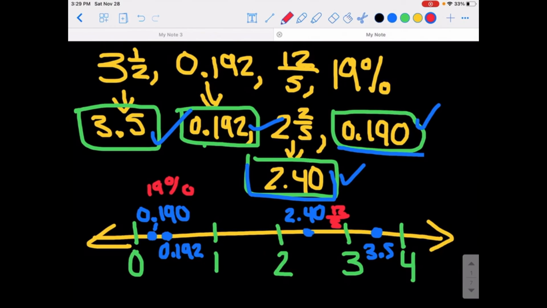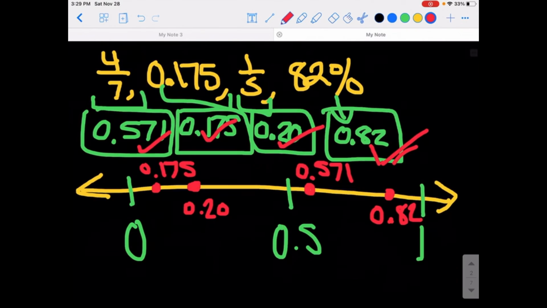If it doesn't specify, then that really shouldn't be a big problem. But if it does ask you to, you could also write your original number you started with. Same goes for this one here. So hopefully this video helped you to compare rational numbers and list them from least to greatest. This one did not have any negatives. It was just very simple, getting used to it.